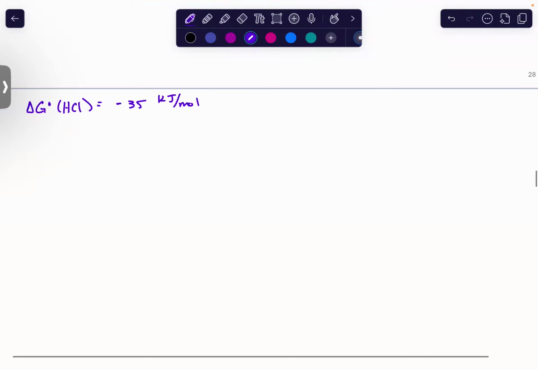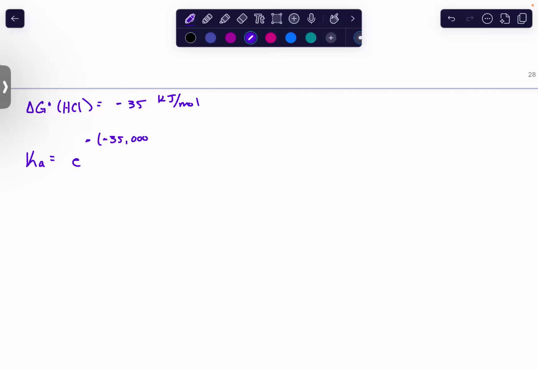All right, well, that means our Ka, so I'm going to change that to joules, is e to the 35,000 over 8.314 times 298.15.